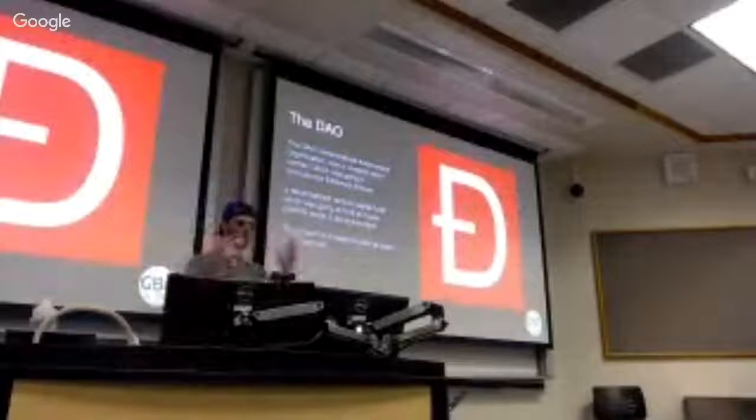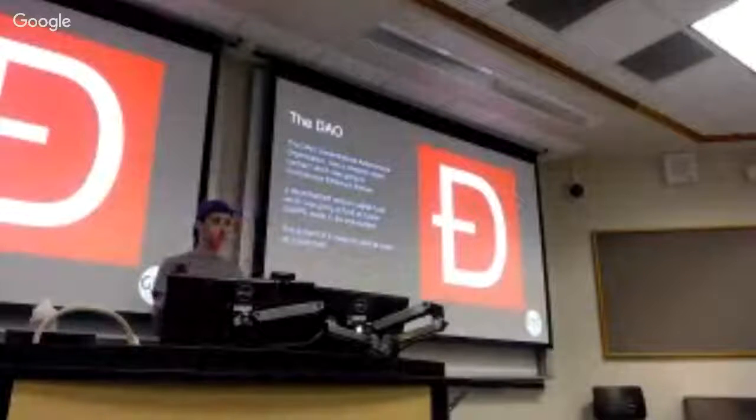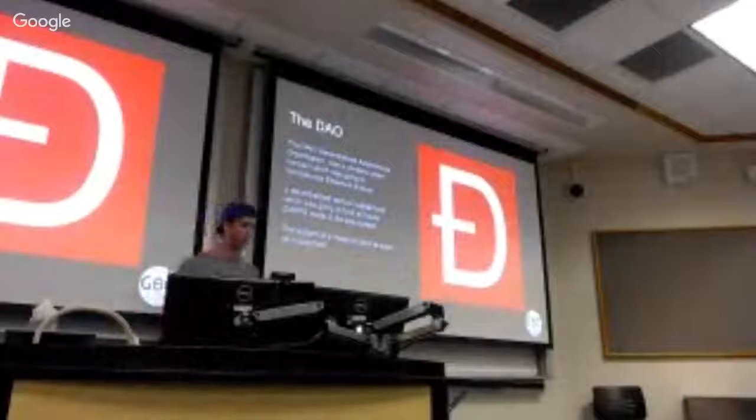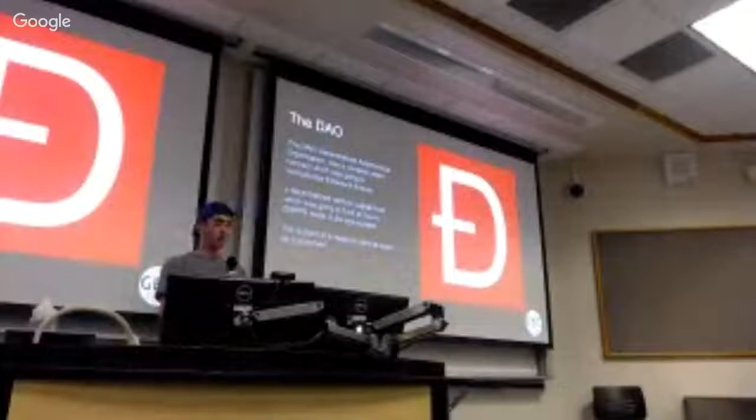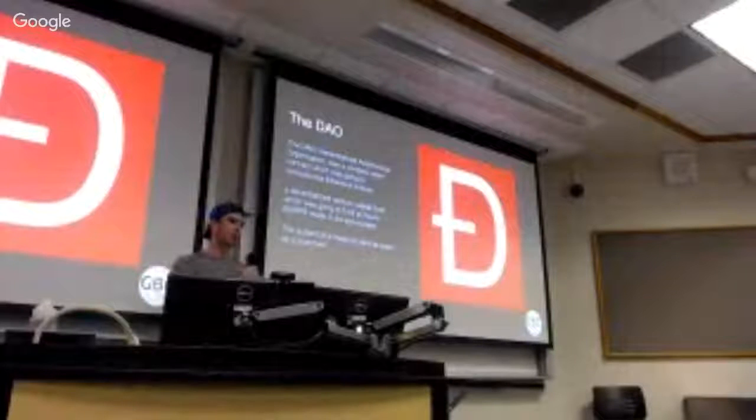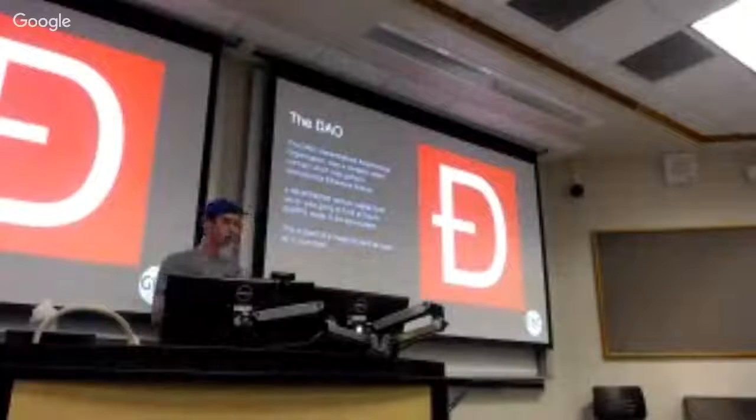The DAO, a decentralized autonomous organization, was the first major decentralized app that was supposed to be on the platform. It was going to sponsor a lot of the other ICOs that Ethereum was planning to have on their platform.